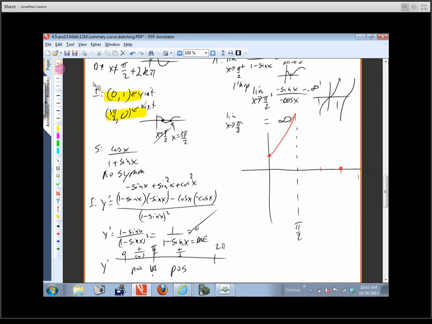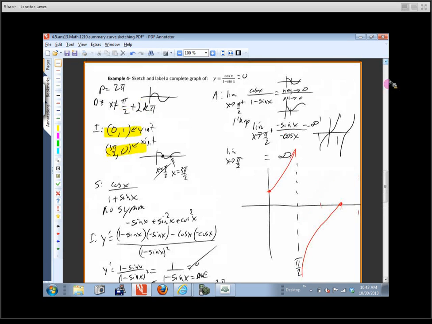So we know that it heads toward negative infinity here, so it's going to start down here, go through this, and what would happen if I plugged in the end point right here, 2 pi? We get a 1 on the top, we get a 1 on the bottom, so we get 1. So it comes here and ends right there where it left off.